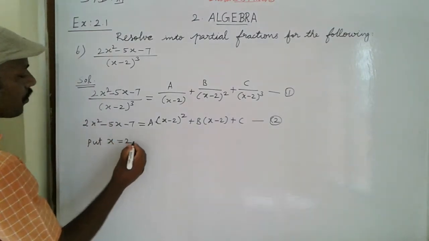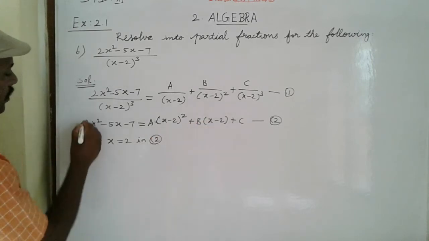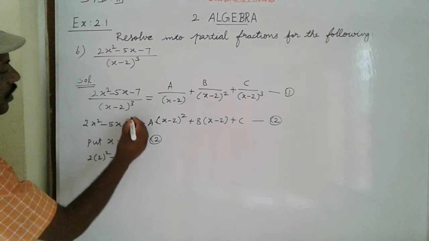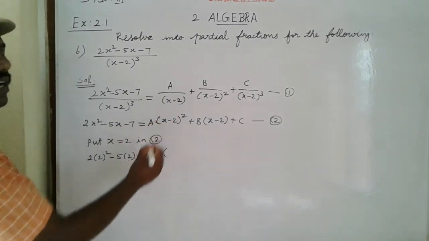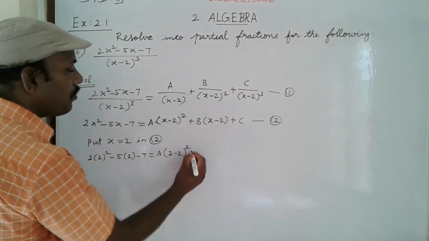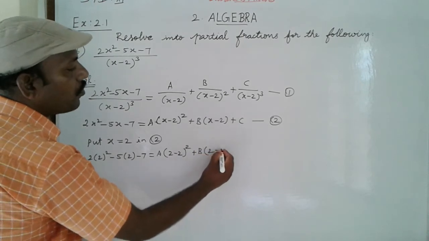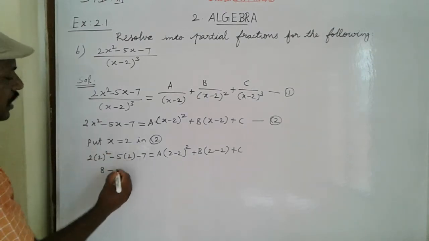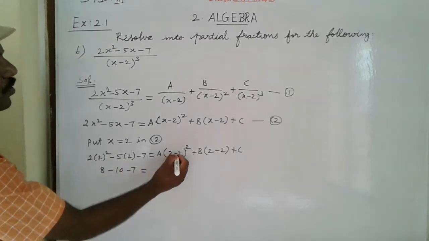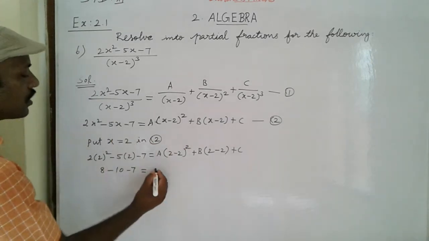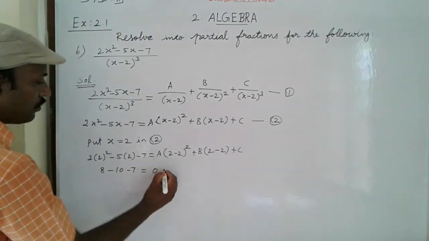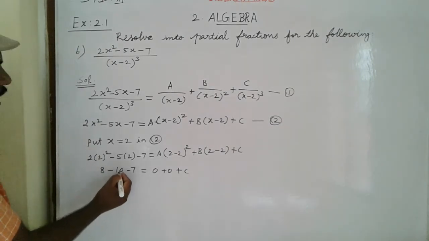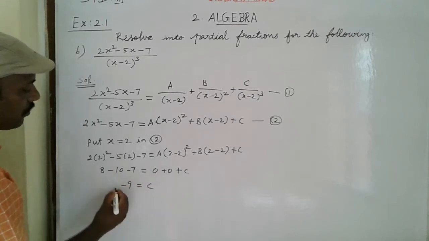So x equal to 2 in the second equation: 2(2²) − 5(2) − 7 equal to A(2 − 2)² plus B(2 − 2) plus C. 2² is 4, 2 fours are 8, minus 5 twos are 10, minus 7 equals... 2 minus 2 is 0, 0 square is 0, 0 into A is 0. 2 minus 2 is 0, 0 into B is 0, plus C. Here 8 minus 10 is minus 2, minus 2 minus 7 is minus 9, equal to C. This is the C value.